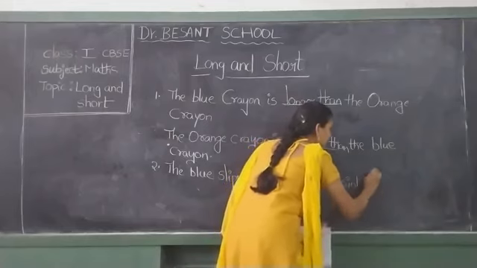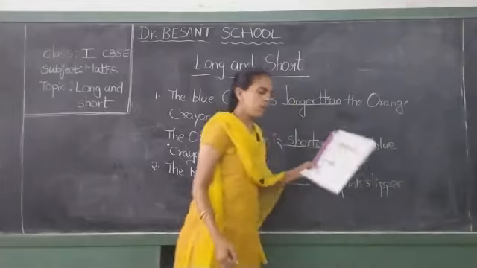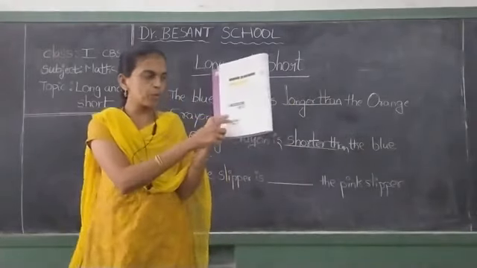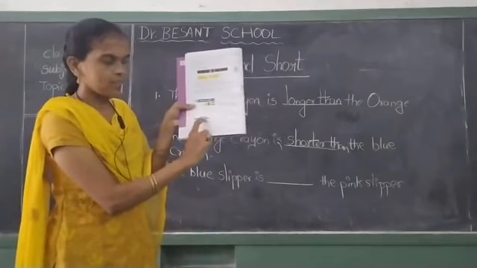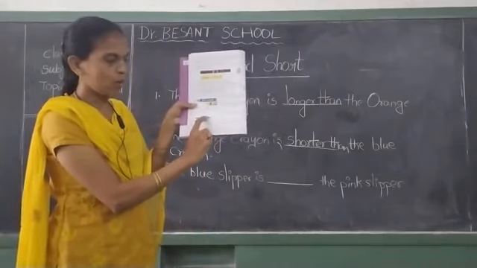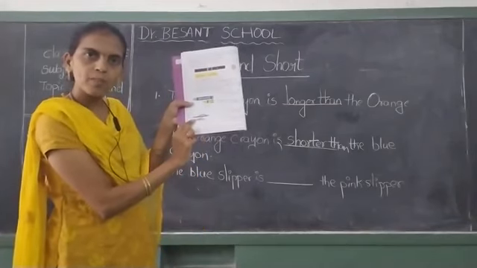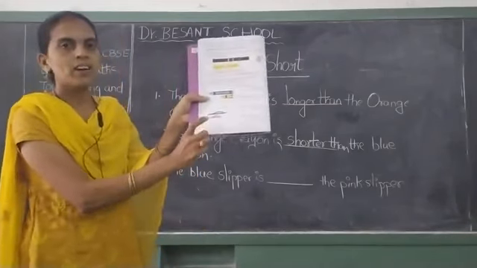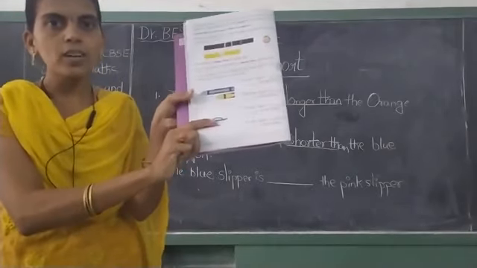You tell me, after seeing these two slippers, which one is longer? Yes, this blue color slipper is longer. Very good. Now you tell me which one is shorter? Good. It is pink color. Did you see in your textbooks or not?